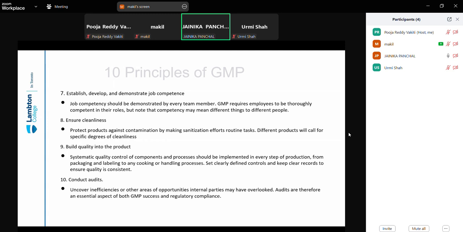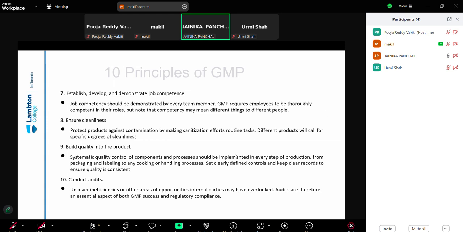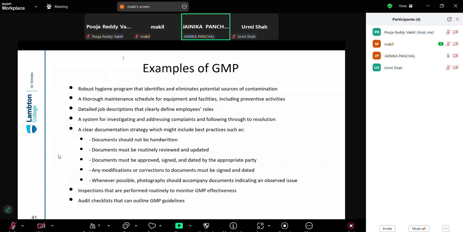Audits help uncover inefficiencies and areas for improvement, and regular audits ensure continuous compliance with GMP and regulatory standards. So for the conclusion, these were the 10 principles of GMP. Now we can understand this further.